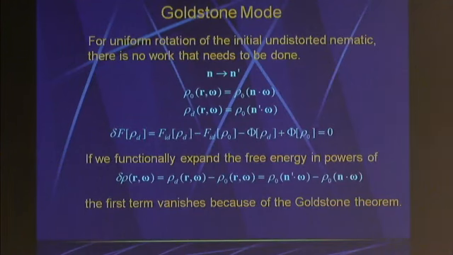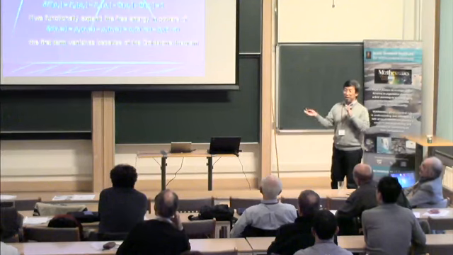So the whole development is a little bit complicated, and so I try to take only the essential part. And here we have a Goldstone mode in nematics. When you rotate the whole thing uniformly, there shouldn't be any associated increase in energy.